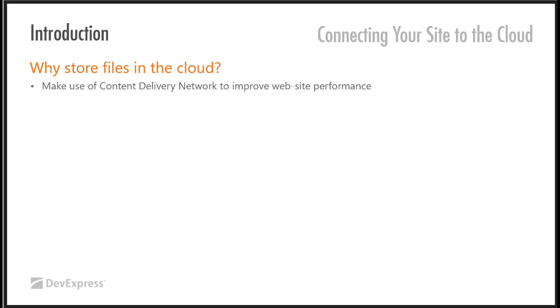For instance, if you connect to Azure, Azure will provide you with a URL which will display or download the file. And that means, for an end user, the page of your website will be loaded much faster because there are several servers involved serving your content, and besides that, those cloud servers are fully optimized for static content. So that's just to get a better impression on your site.